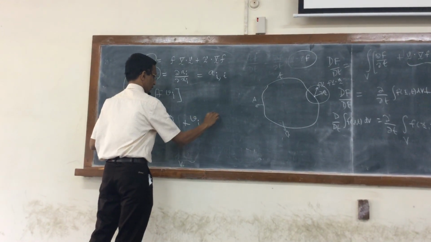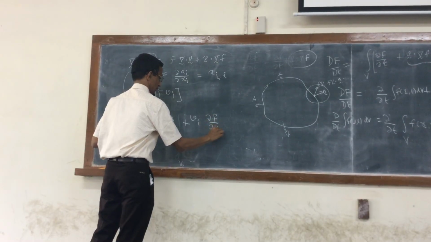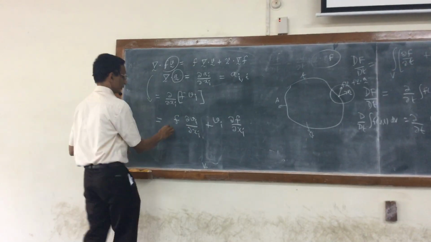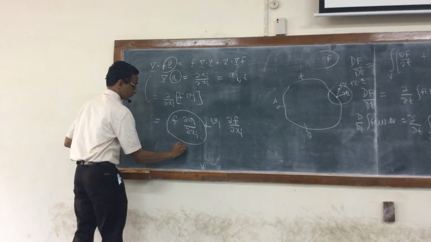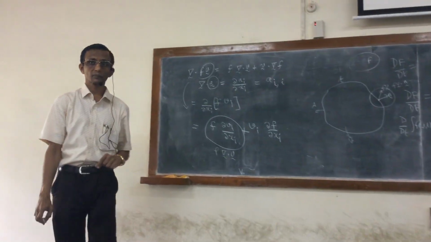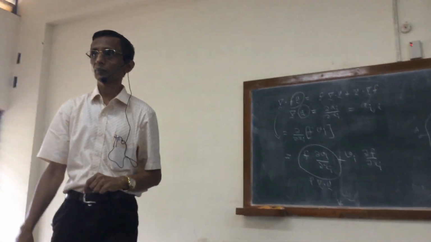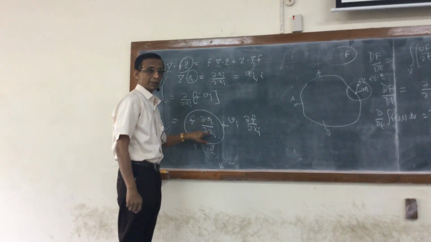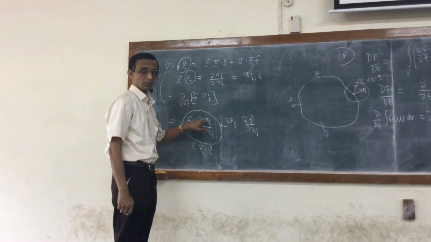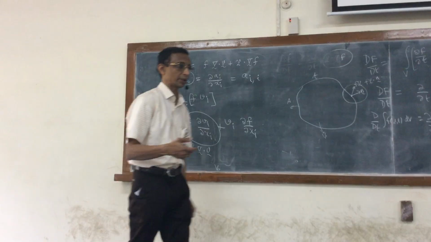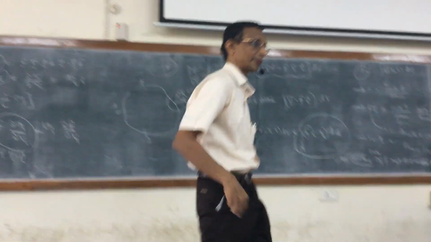vi df by dxi. Clearly, this is f times dvi by dxi. With the summation convention included, dv1 by dx1 plus dv2 by dx2 plus dv3 by dx3.